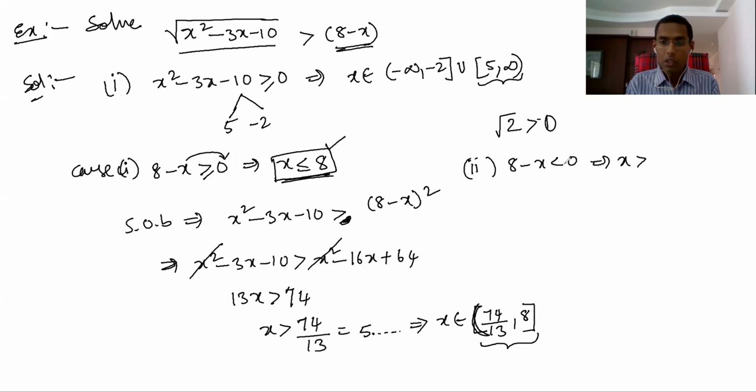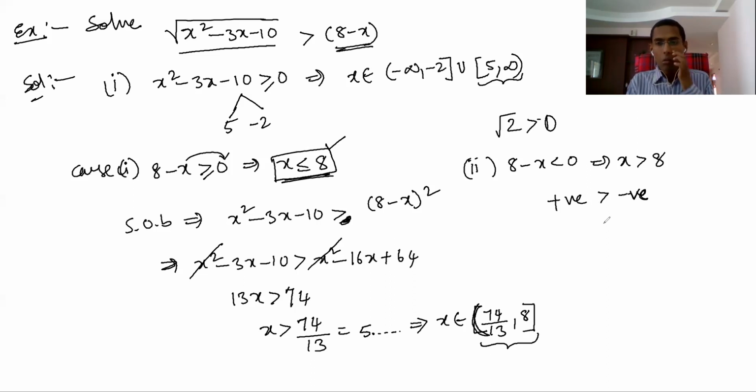So the next case is 8 minus x less than 0. That means x is greater than 8. Now you see, this is negative and this is positive. You observe here this is the positive range, and this is negative. Positive is greater than negative.